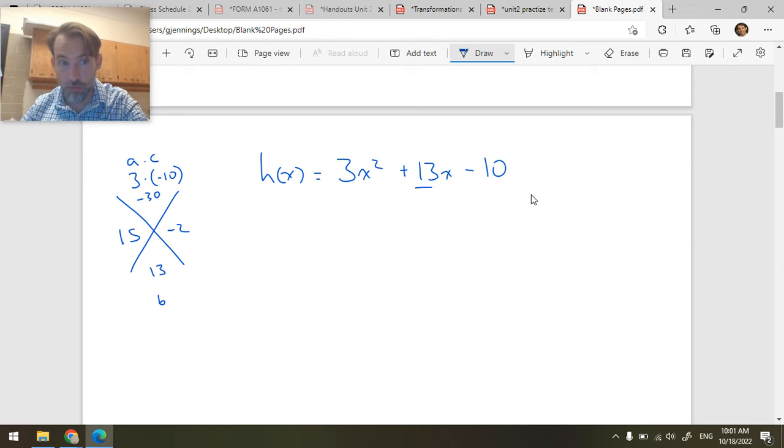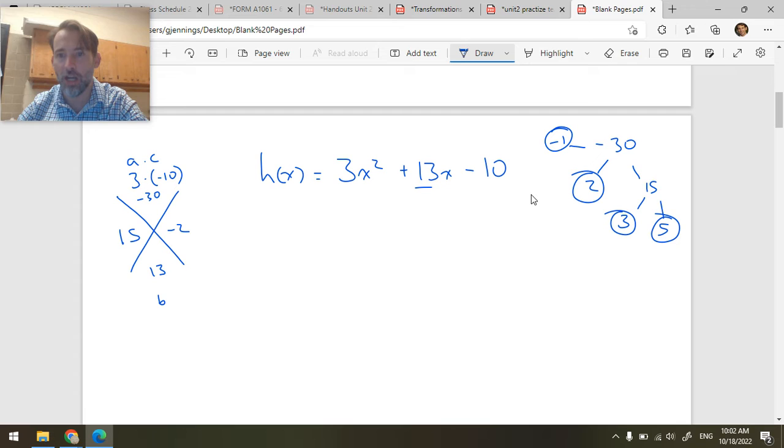Okay, and you can use factor trees to hunt for these numbers. You'll notice that negative 30 factor trees into negative 1, which isn't prime but is kind of a primey thing, and then 30 is divisible by 2, and we get 15, and we might notice it right there. You might notice, oh, if I had negative 2 and 15, that would add to 13. Great. If you don't notice it, you're going to break this down into 3 and 5 and only have a few combinations to check.